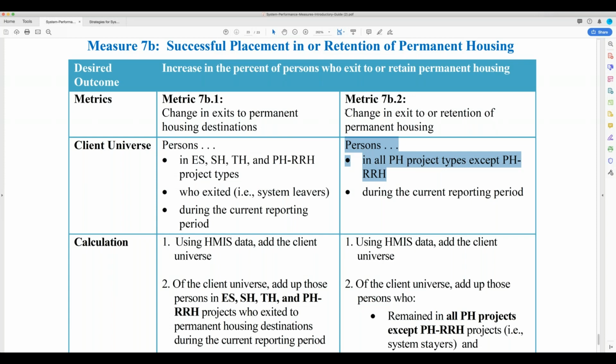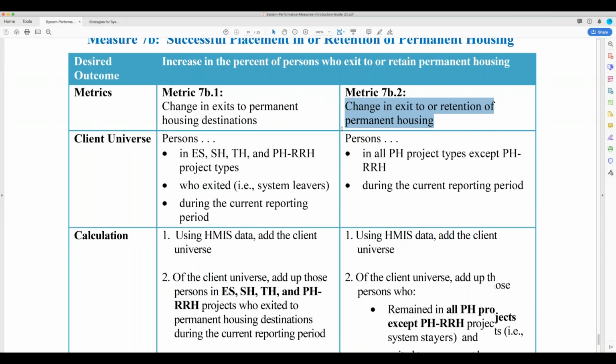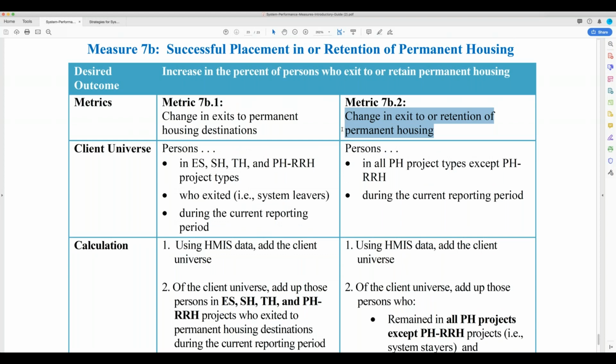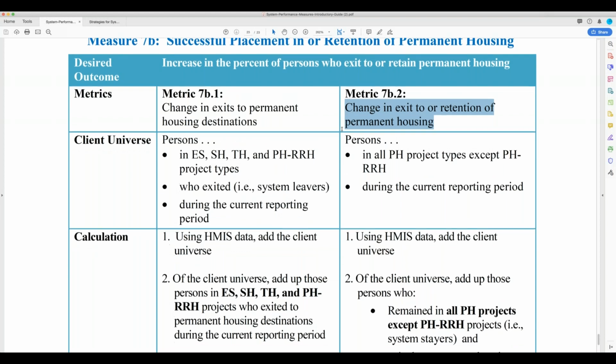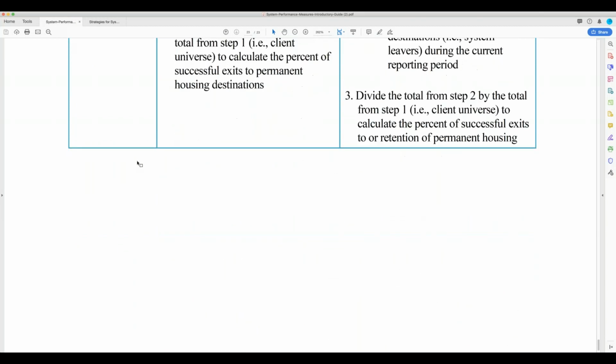So this counts not just persons who are exiting to a positive destination, but if you keep your permanent supportive housing during the operating period, that's still a very positive outcome because we want you to stay housed. So unless you've gone somewhere else and it's a temporary, homeless, or institutional situation, those would still be positive outcomes if you stayed in the program or if you exited to a permanent housing destination. Again, it doesn't matter if you're CoC funded. This is all persons that are in these types of projects.